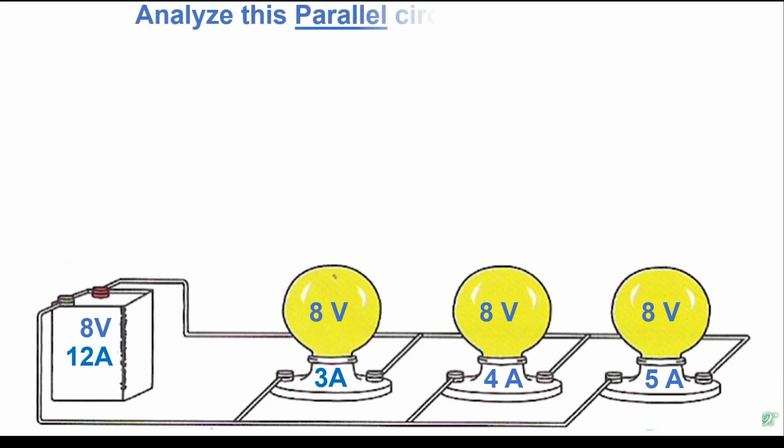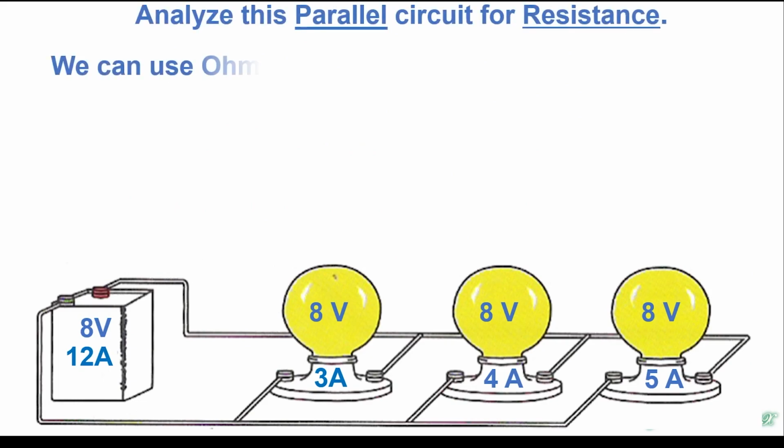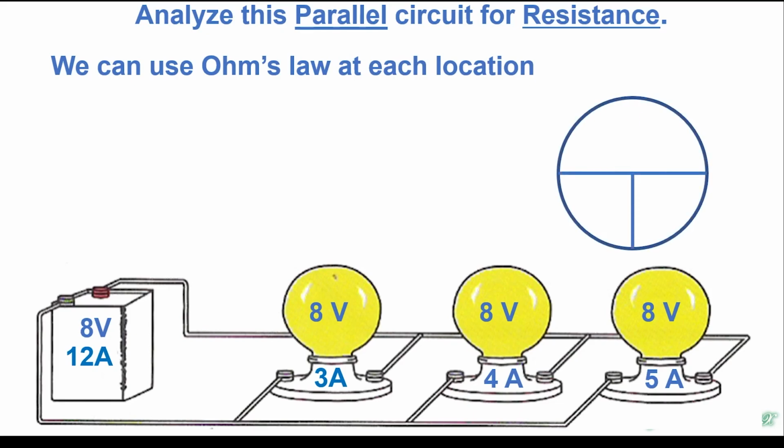So if we know that the voltage is 8 volts, and if we know the amperage is 12 amps, we can use Ohm's law at each one of these locations to figure out the piece of missing information that we don't know, namely the resistance. Let's go here.